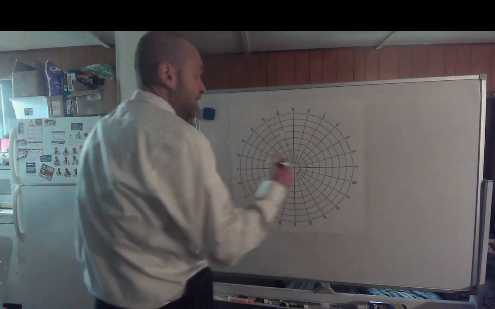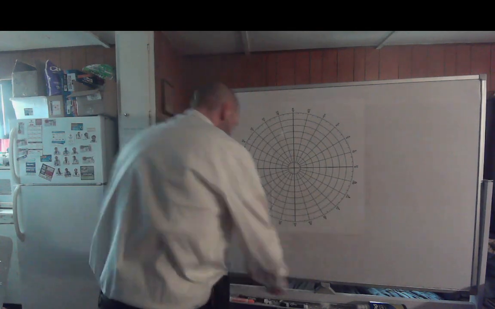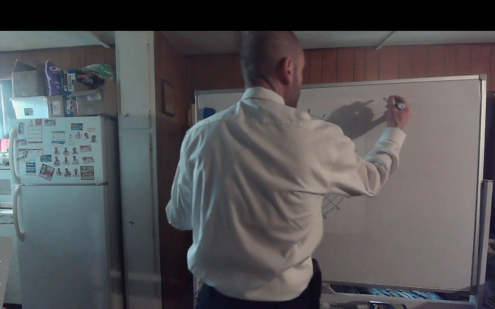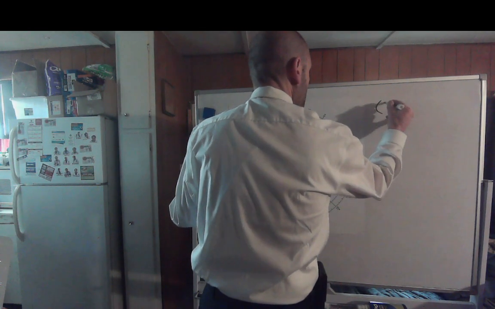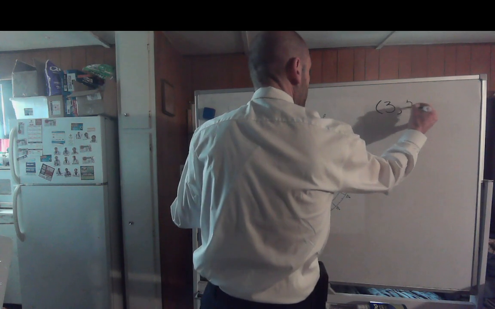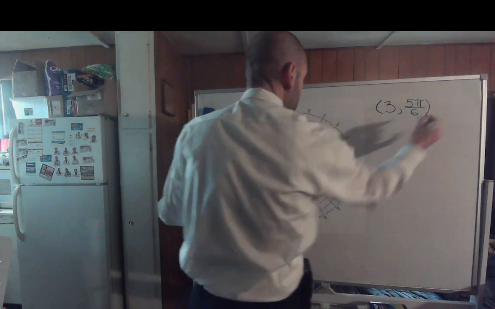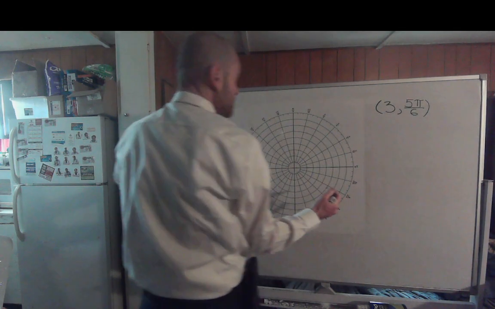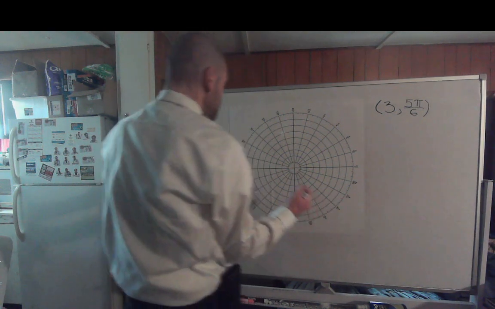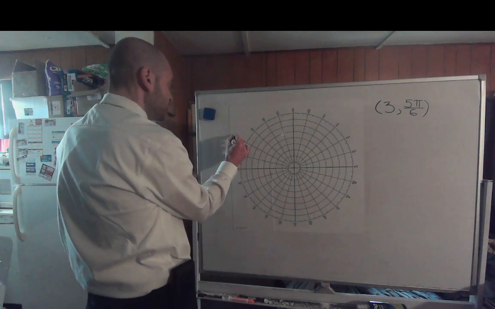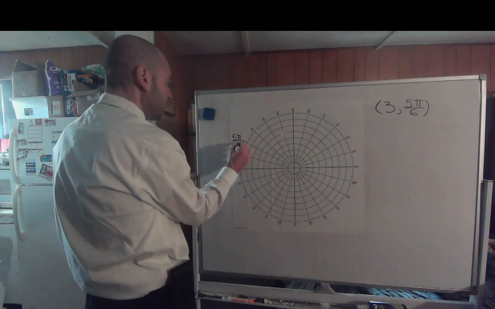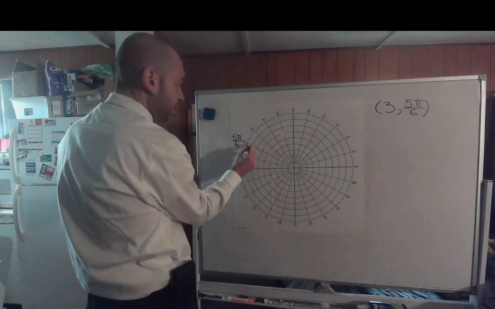Let's say we're being asked to plot (3, 5 pi over 6). So we're going to plot the point (3, 5 pi over 6). Here is 5 pi over 6 right along here. It's this line right here.